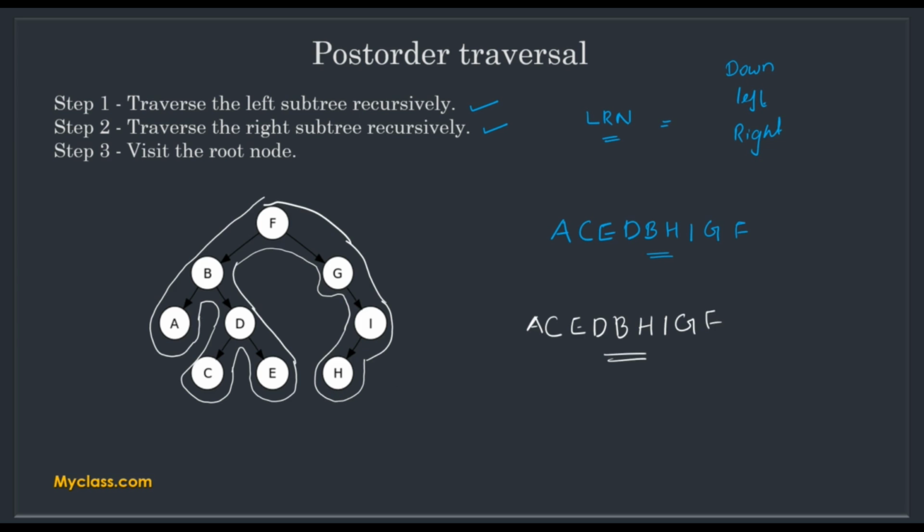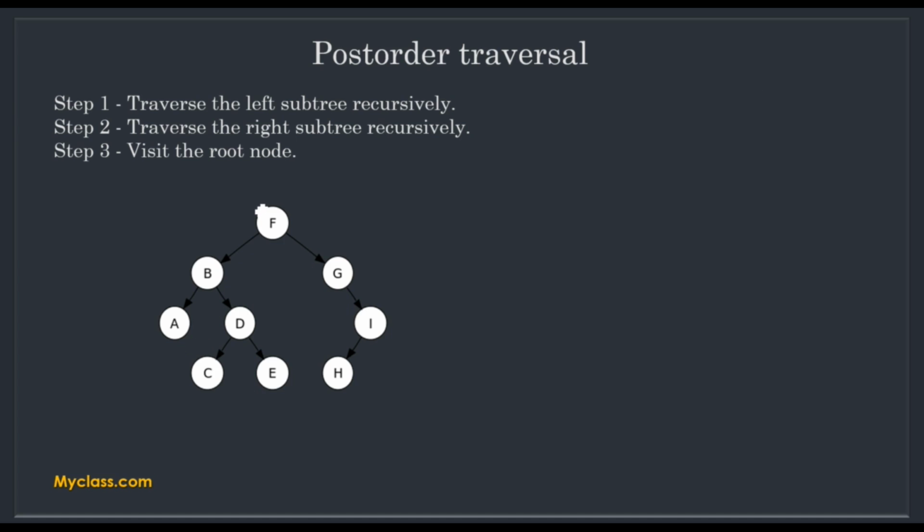Okay, so this is the postorder traversal result of this particular binary tree. The easy trick is down, left, right. We want to traverse like this. When A is at down, in inorder we traverse A. Now B down, we traverse B. Now D, now C, down to C we are.